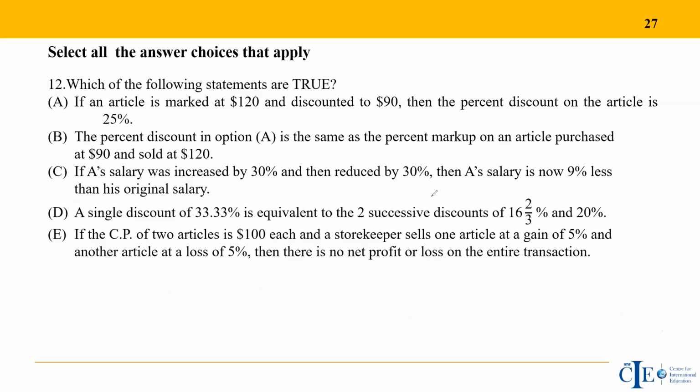What I did in the previous method was, instead of using the percent, I used the fractions. We saw that 16 2 by 3 is actually 1 by 6, the 1/6 part, and 20% is actually 1/5. So let's say the original value is 60.